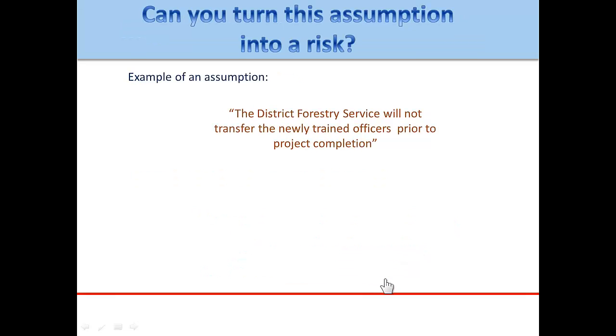I'd like you to try one more example just to be 100% sure you understand the connection and the transformation process. Turn this assumption into a risk. The District Forestry Service will not transfer the newly trained officers prior to project completion. I'll pause while you reflect on this.